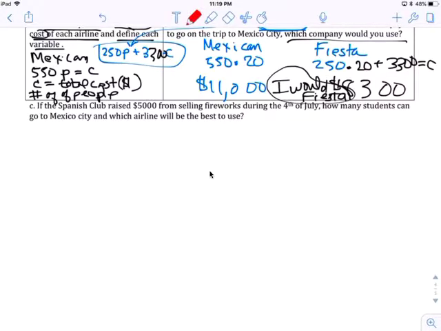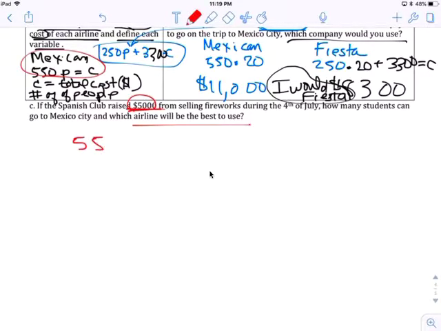If the Spanish club raised $5,000 after selling fireworks during the 4th of July, how many students can go to Mexico City, and which airline would be best to use? Okay, if you have $5,000, let's look at Mexican Air.